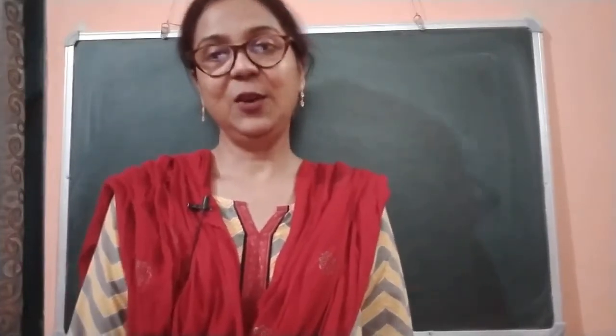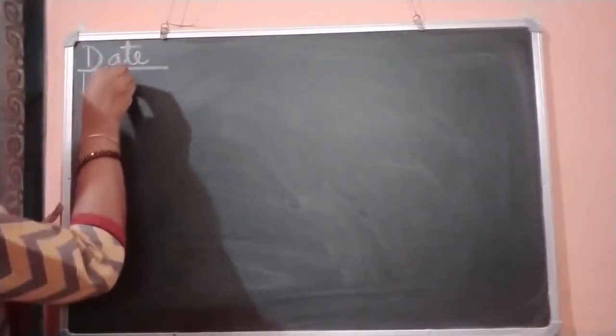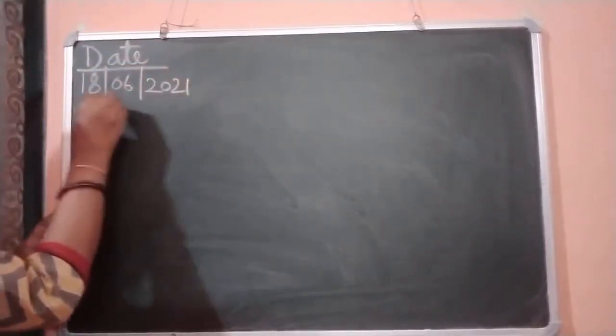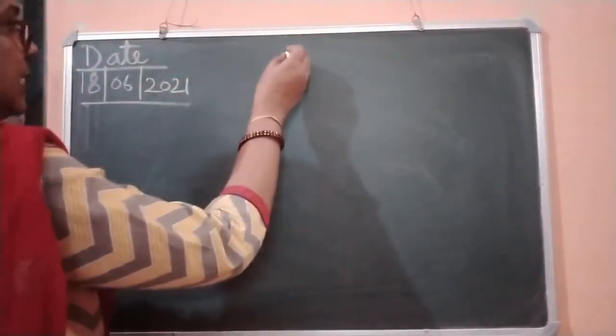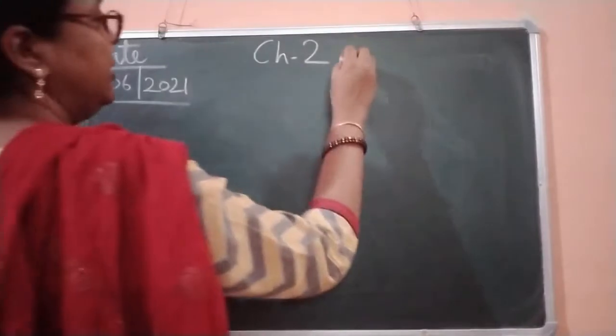So children, today's date is 18th June 2021 and we are studying chapter number 2, addition.